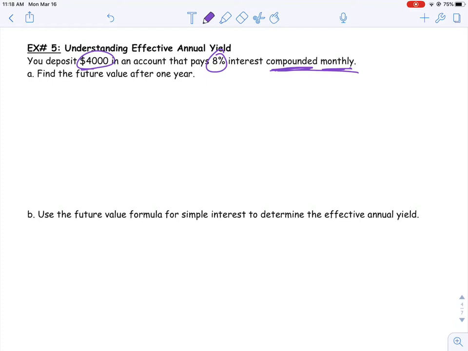So I know that there's a formula I can use to figure out my future value after 1 year. Now, you can use the one for 1 year, or you could actually use the compound interest formula for any amount of time, and it will work out to be the same. Let me show you. So I'm going to use my compound interest formula that we were just using in the last video.